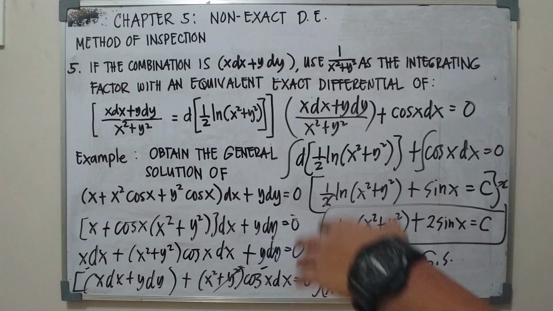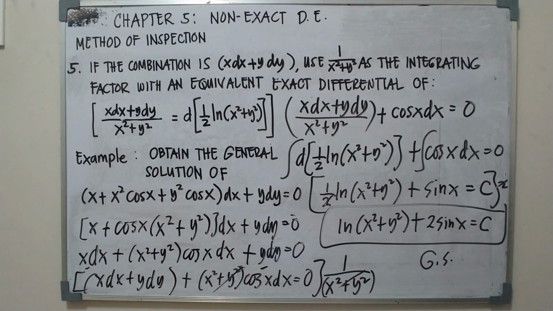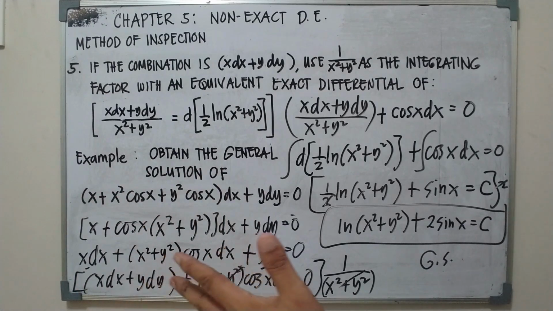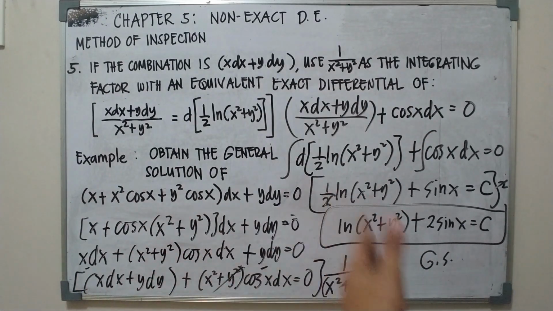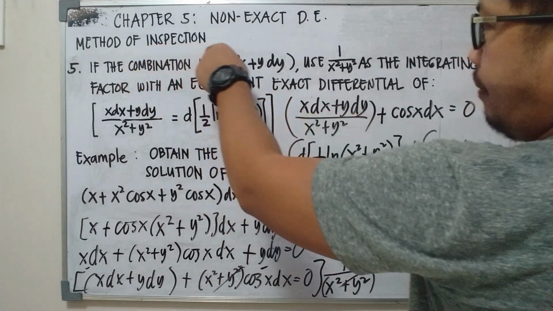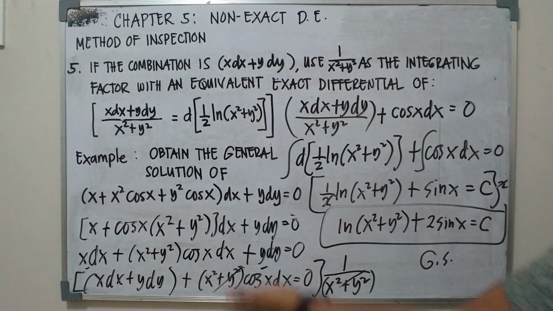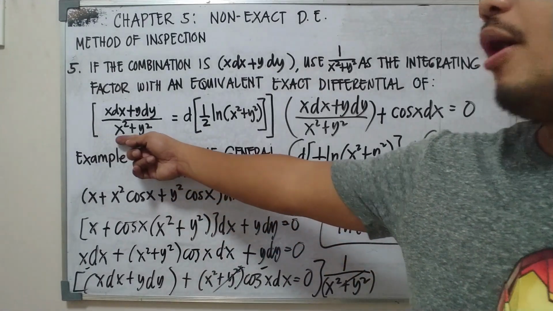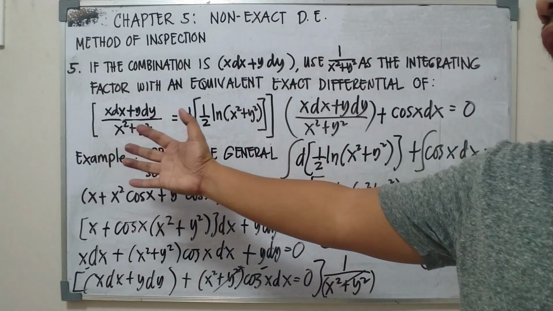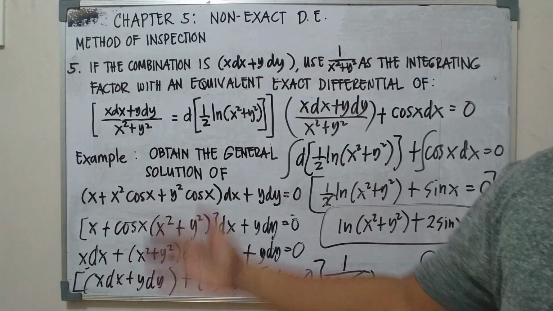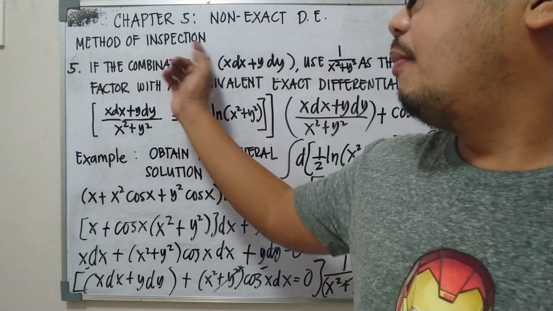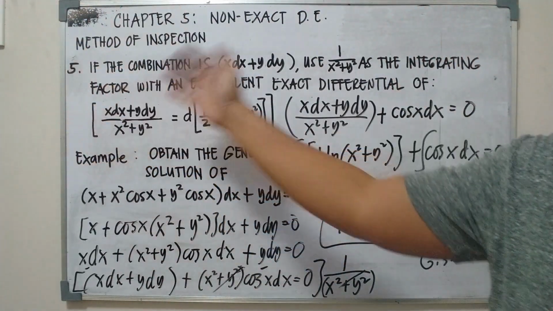Meron tayong yung first method, which is yung gagamitan mo nung case 1 and case 2 or combination 1 and combination, yung condition 1 and condition 2, yung integrating factor. And yung second method, itong method of inspection naman. Okay? Which is, meron pa rin namang i-introduce na integrating factor, but this time, mas madali. Kasi kumbaga, meron na agad direct na formula ang ibinigay, which is yung diniscuss ko from method of inspection number 1 or combination number 1 up to this combination.